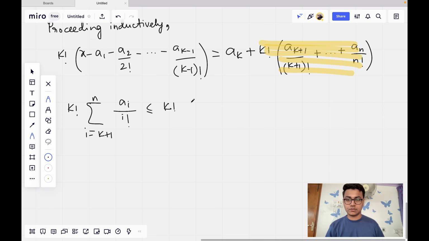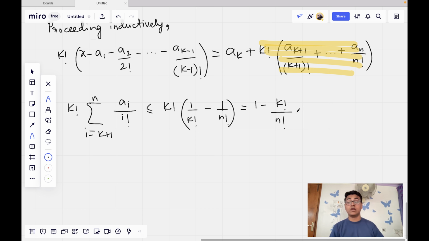This is just 1 by k factorial minus 1 by n factorial. You will get the same telescoping series, and this is equal to 1 minus k factorial by n factorial. Since n is greater than or equal to k plus 1, this is strictly less than 1. Once again, this is strictly less than 1, so ak has to be the integer part here.